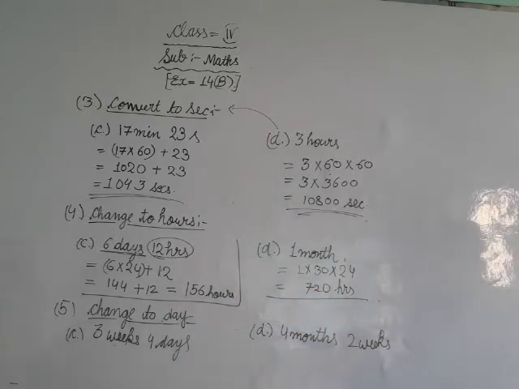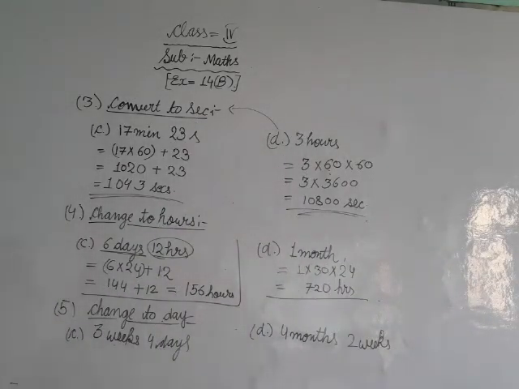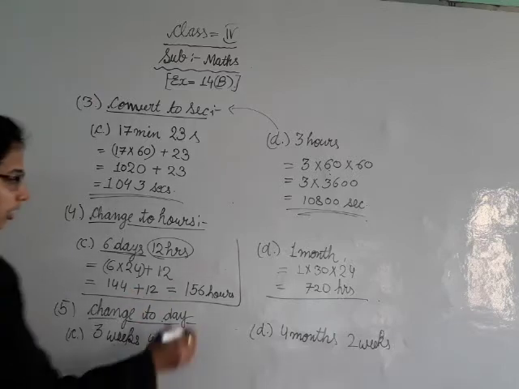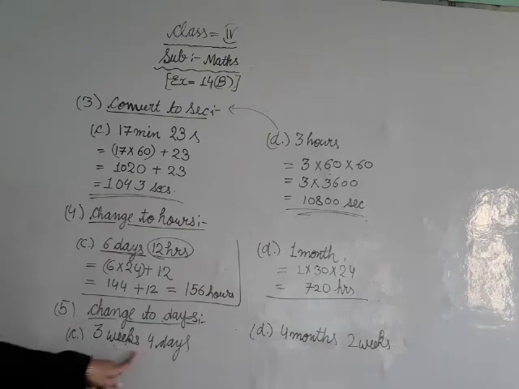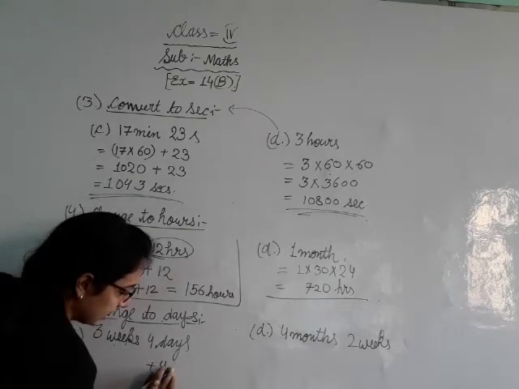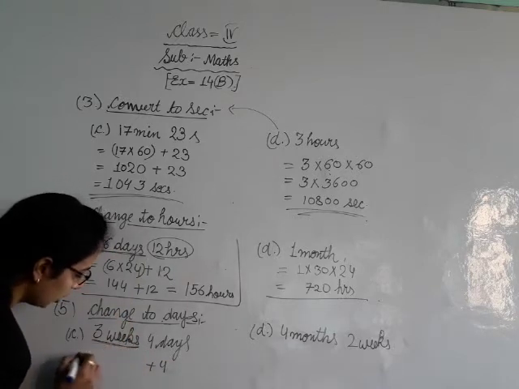Understood? Now coming towards our fifth question. The fifth question is convert to days. So see, 3 weeks and 4 days. Simply leave 4 days as it is. We have to add them. And what we have to do? We have to change the weeks into days.